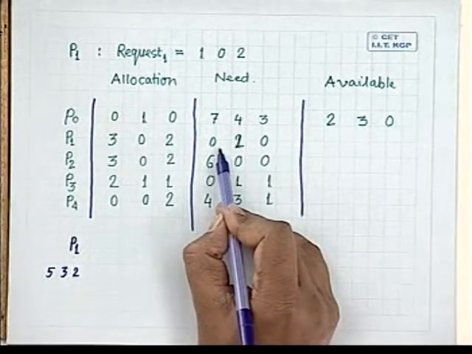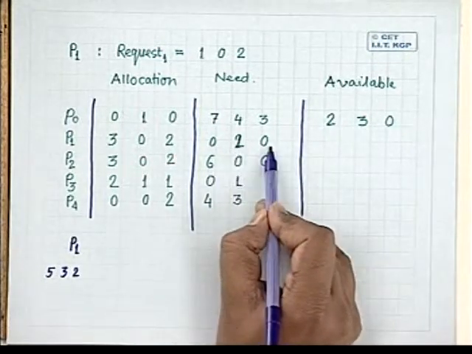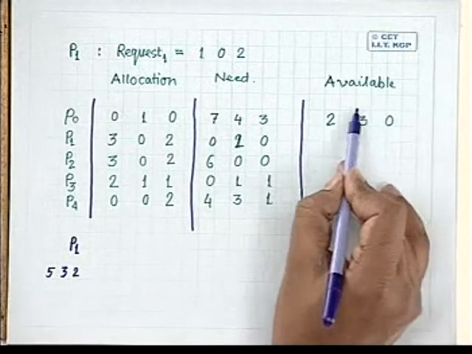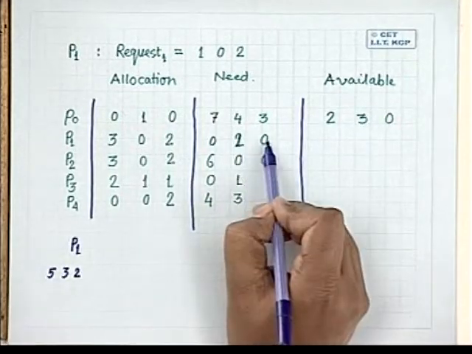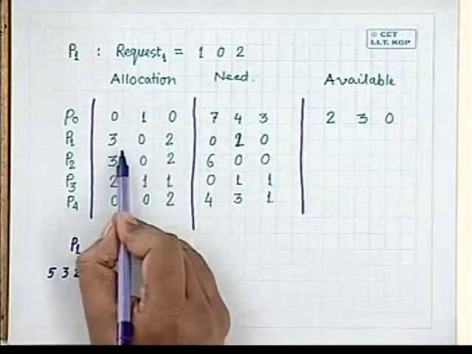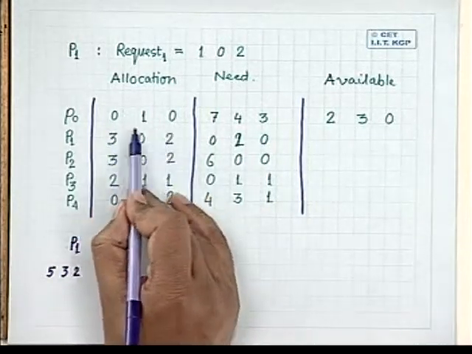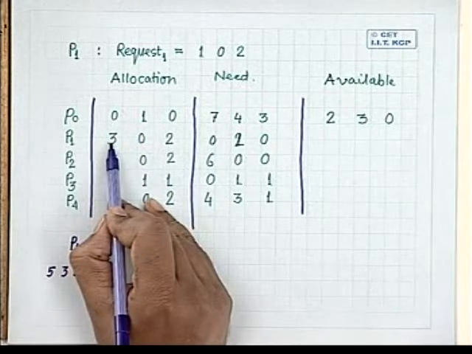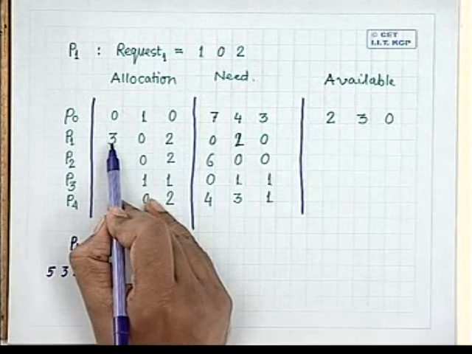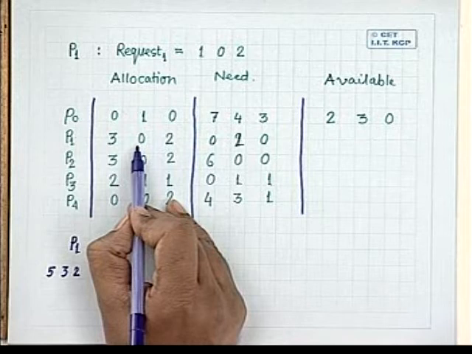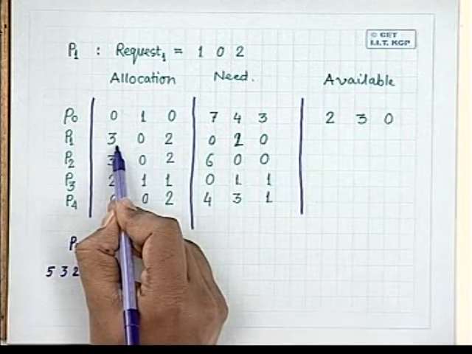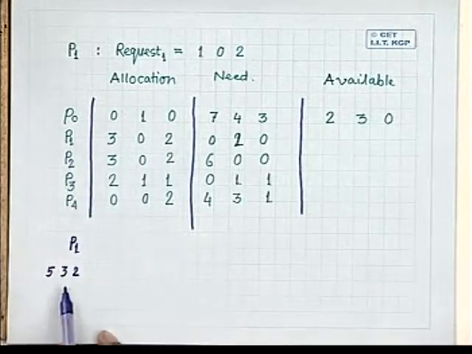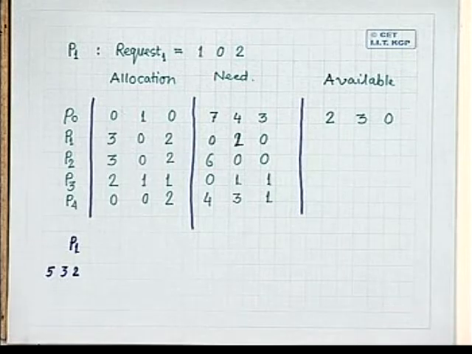Okay. Need of process P1 was 020. So this need can be met by these available resources. So process P1 can complete operation. On completion, process P1 will release all these resources which are already allocated to P1. Okay. So available will now be the currently available resources plus the resources which are allocated to process P1. So on completion of process P1, the available resources will be 532.